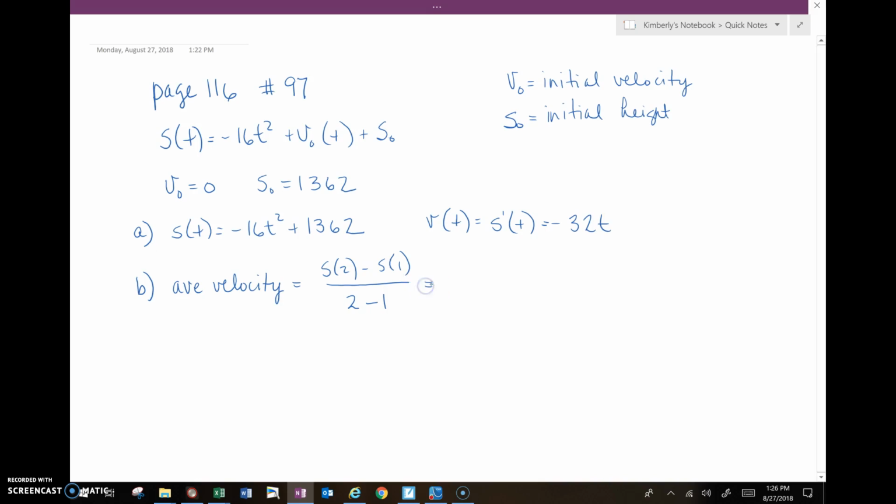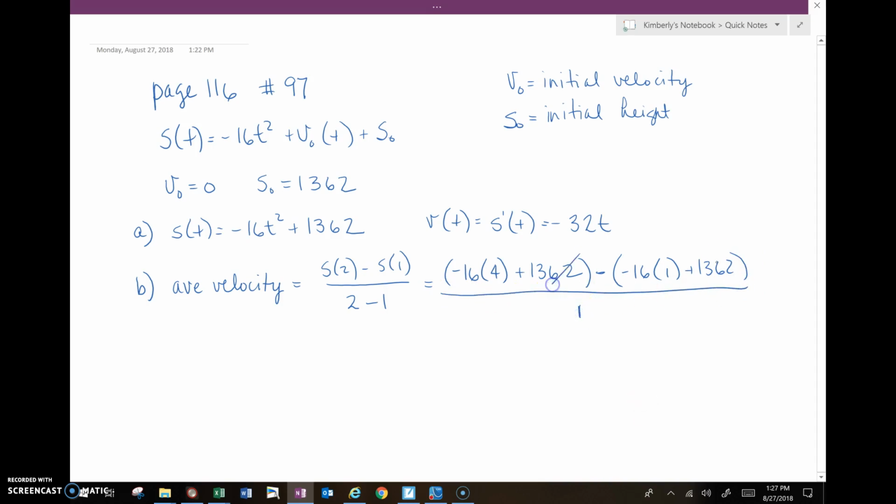So s of 2 would be negative 16 times 4, or 2 squared, plus 1,362. I'm going to go without a calculator as long as I can. s of 1 is negative 16 times 1, plus 1,362, all over 2 minus 1, which is just 1.